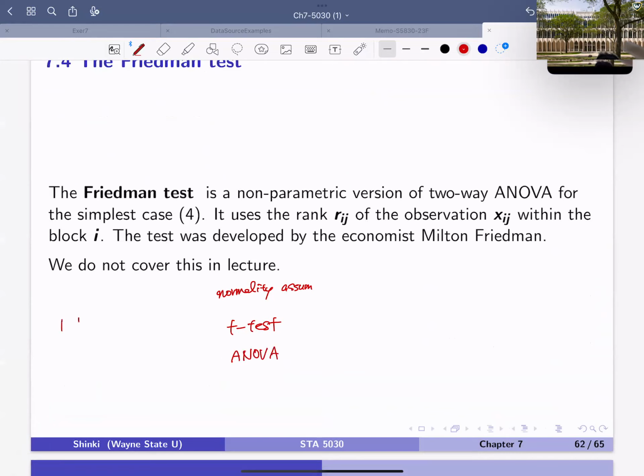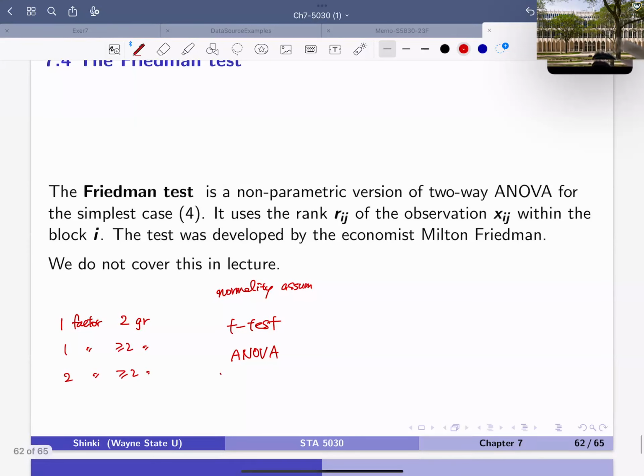So 1 factor and 2 groups is the t-test, 1 factor and more than 2 groups is the ANOVA, and 2 factors and any number of groups is the two-way ANOVA. So this is one-way ANOVA and two-way ANOVA.